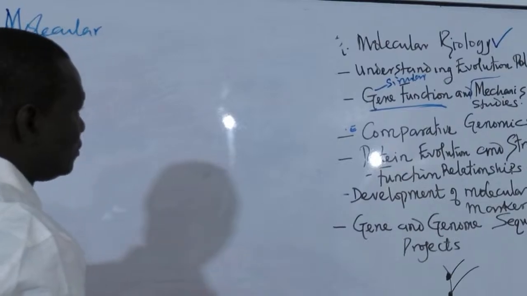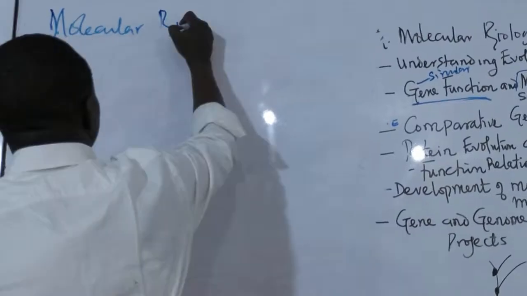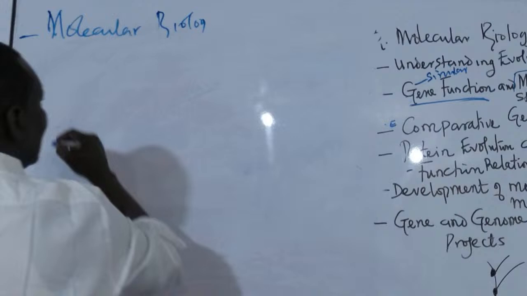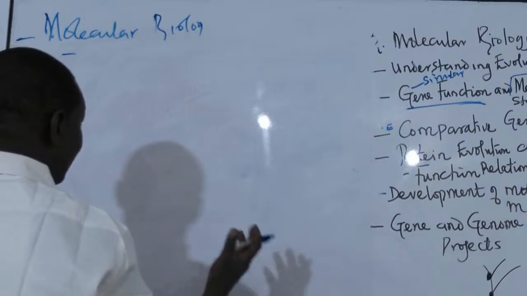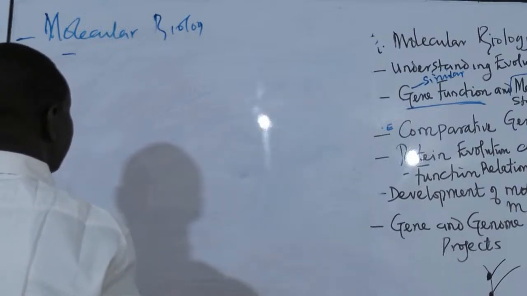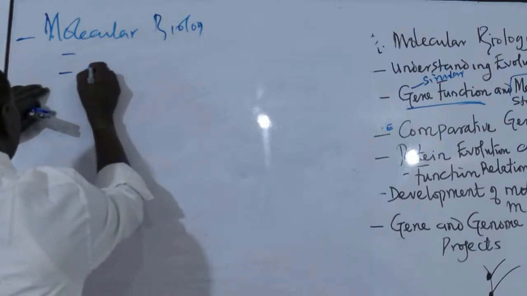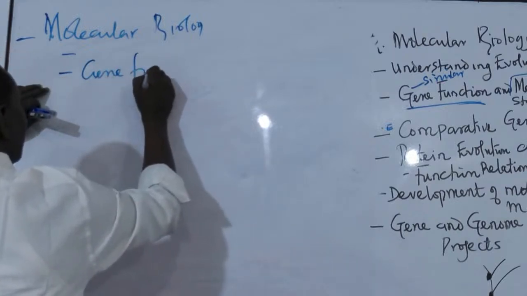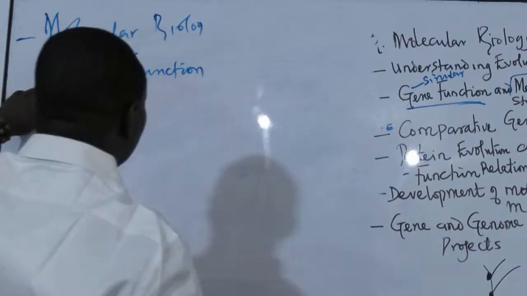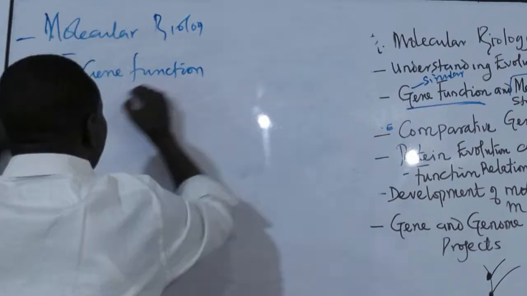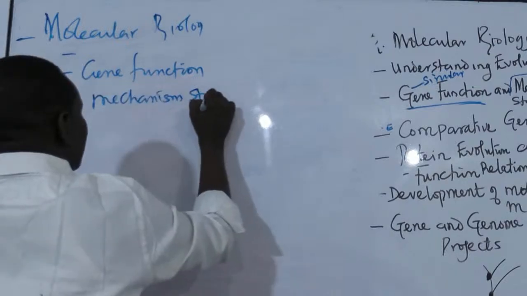In molecular biology, I've said that phylogenetic trees are used in understanding evolutionary relatedness. Then the second one, which is gene function and mechanism studies.